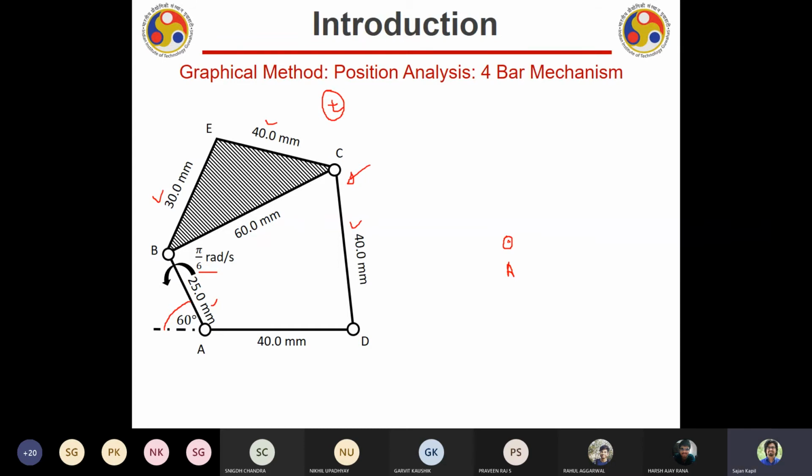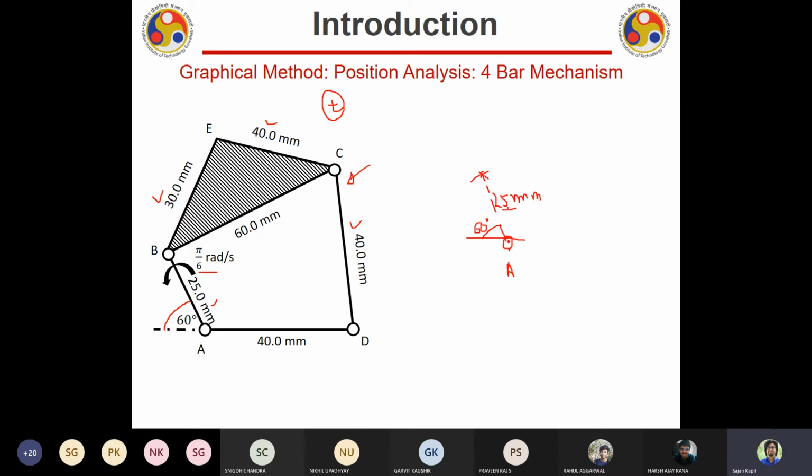Now what will I do next? B. Yes, I'll draw the point B. And how is it? We know that it is at an angle of 60 degrees. So I'll just draw a line at an angle of 60 degrees from the horizontal. And I'll take the compass, or maybe from a scale, I can cut the length of 250, or 25 mm. And this scale is very important now.